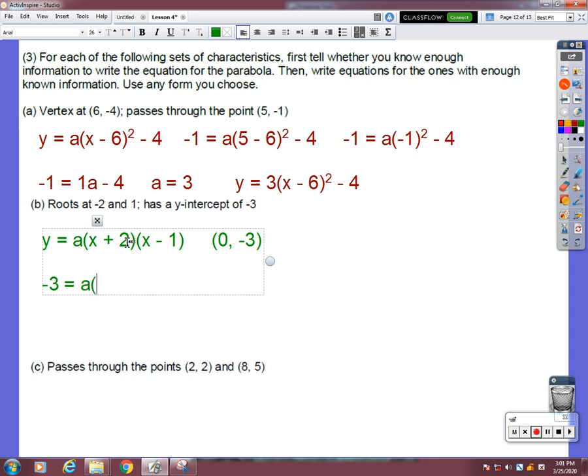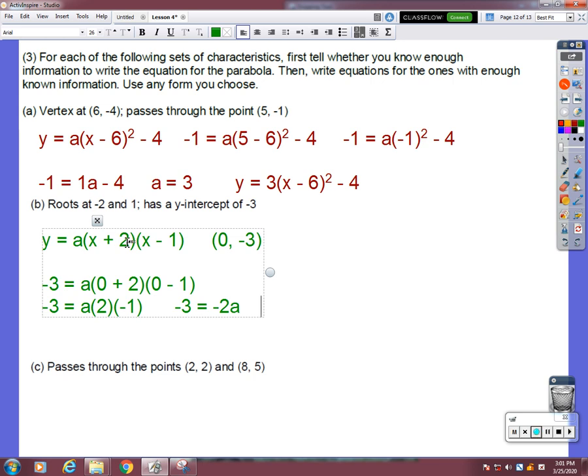-3 equals a times 0 plus 2 times 0 minus 1. So -3 equals a times 2 times -1. So that means -3 equals -2a.